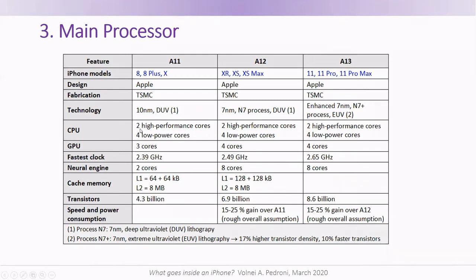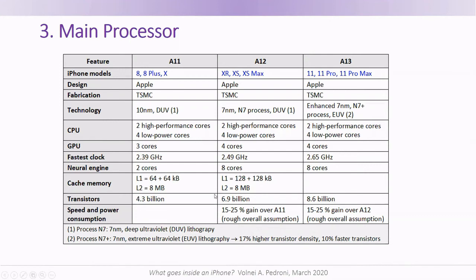The CPU has 2 high-performance cores and 4 low-power cores in all 3 years. The GPU had 3 cores in the A11 and 4 cores later. The fastest clock is about 2.5 gigahertz. The neural engine, which is part of the main processor, had 2 cores, then 8 and 8.